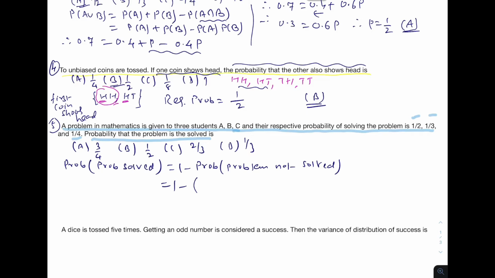So A not able to solve is 1 minus 1 by 2, and these are independent events. 1 minus 1 by 3, 1 minus 1 by 4. So 1 by 2, 2 by 3, 3 by 4. Okay, so that is nothing but 1 minus 1 by 4, and so that is equal to 3 by 4. So option A is the answer.